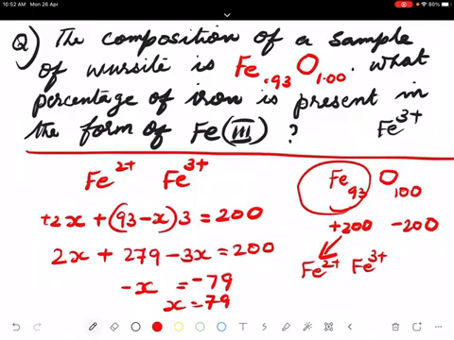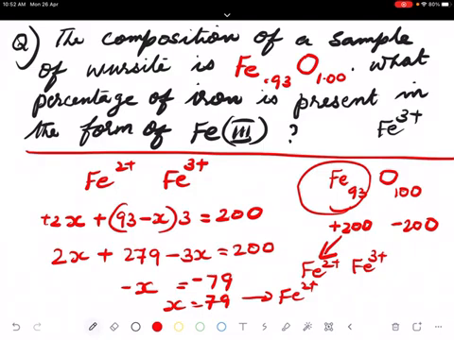So 79 accounts for Fe2+, right? What percentage of iron is present in the form of Fe3+? How many Fe3+? X is 79.